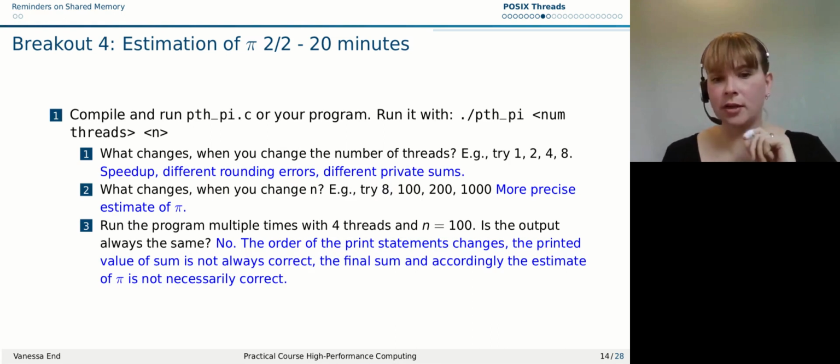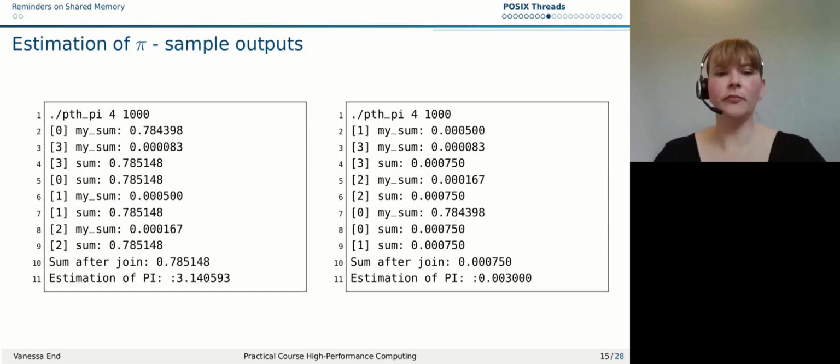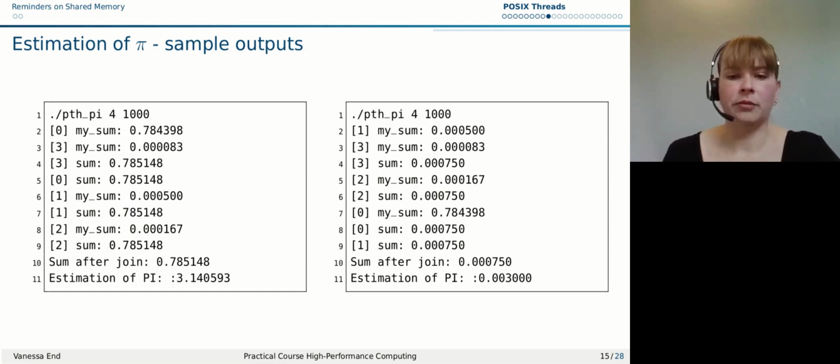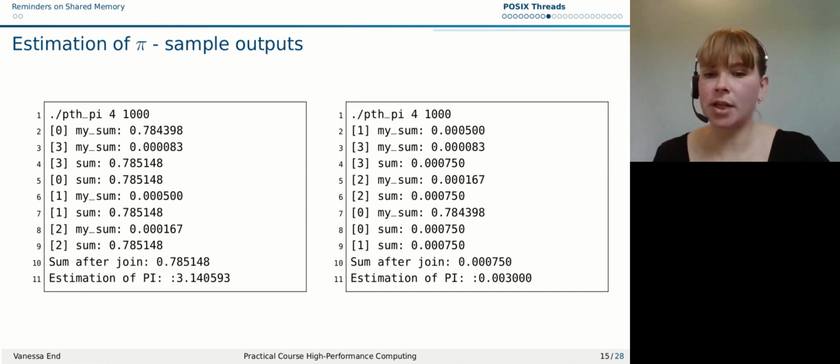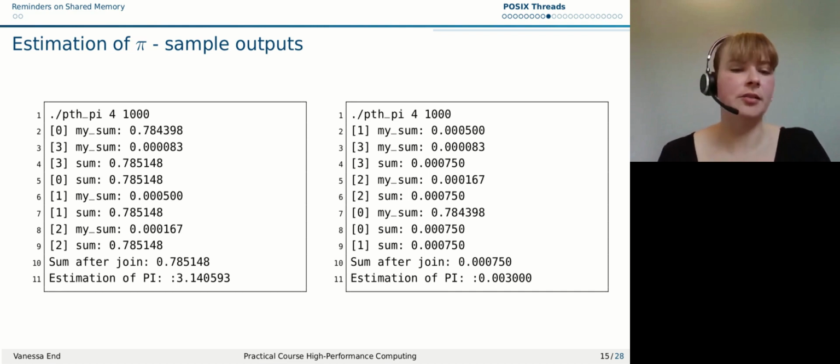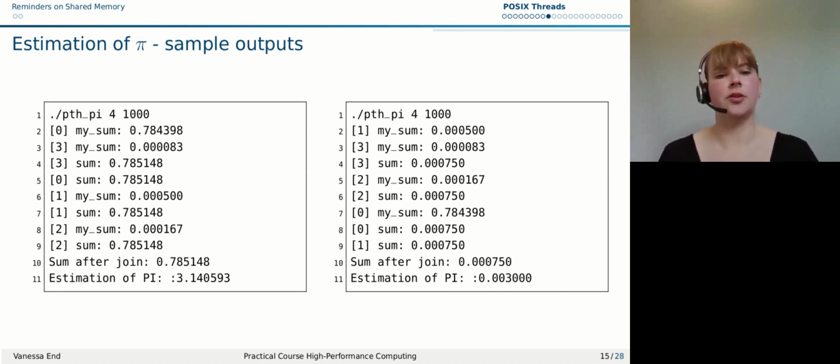So I again have two sample outputs for you, just running the program twice, once after another, on the same system. This was one run where you get the correct answer for this estimate. On this side, you see the estimation of pi has gone horribly wrong. And this has to do with the accesses to sum.